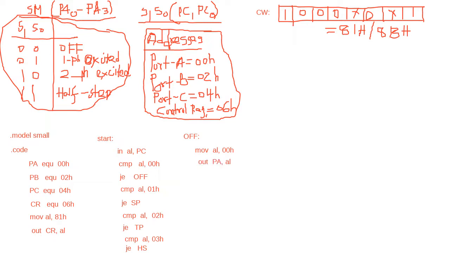And then again jump start, because we have to do it again and again, check the condition. Okay, that is the off condition, done.